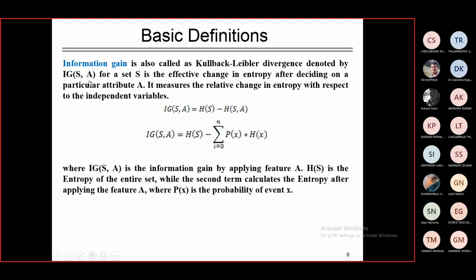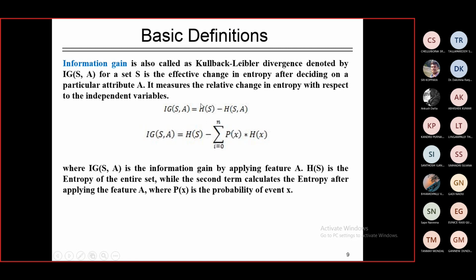Now this information gain measures the relative change in entropy with respect to independent variables. Independent variables means the instances that we are considering in the data set. Here information gain is given by H(S) minus H(S, A).